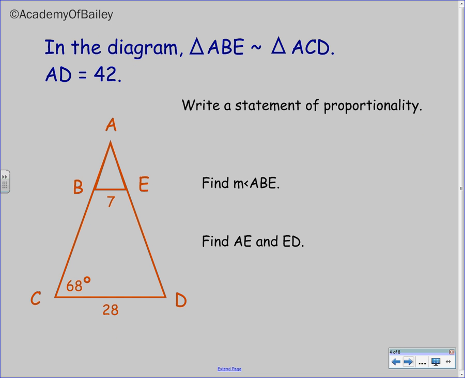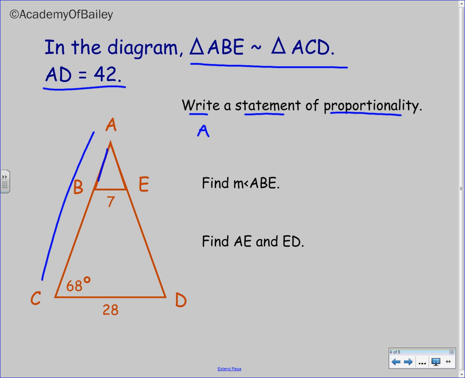In this example, it says in the diagram, triangle ABE is similar to triangle ACD. AD is equal to 42, and it wants us to write a statement of proportionality. Statement of proportionality just looks at side AB compared to side AC.